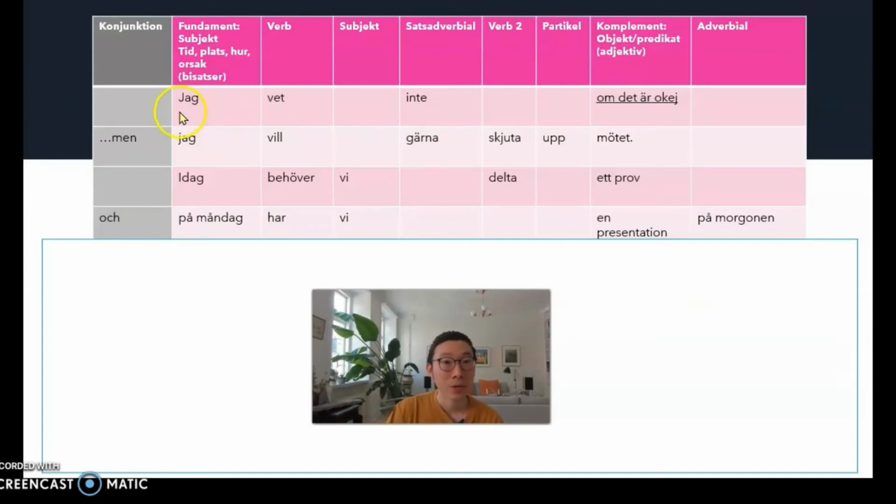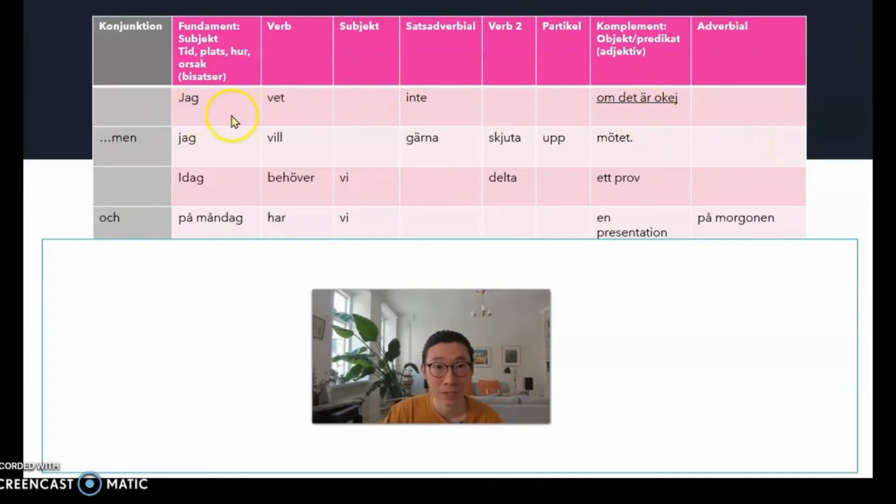Så vi börjar med det här exempel. Jag vet inte om det är okej, men jag vill gärna skjuta upp mötet. I don't know if it is okay, but I would gladly postpone the meeting. Så här ser du. Here it is a good demonstration of how you can put all those parts into the main clause schedule.